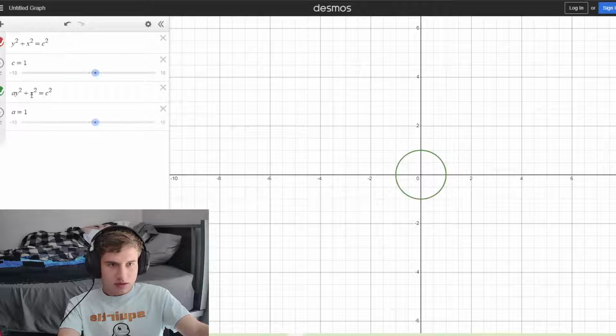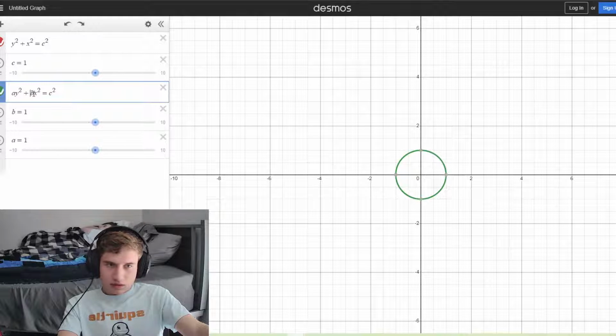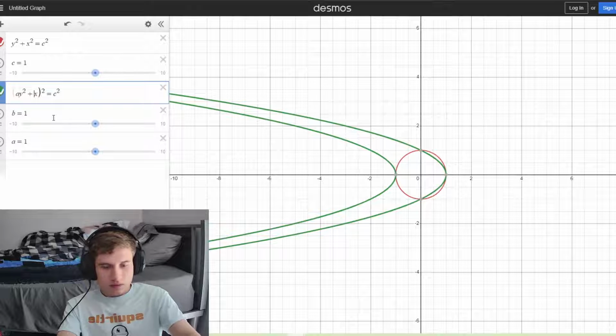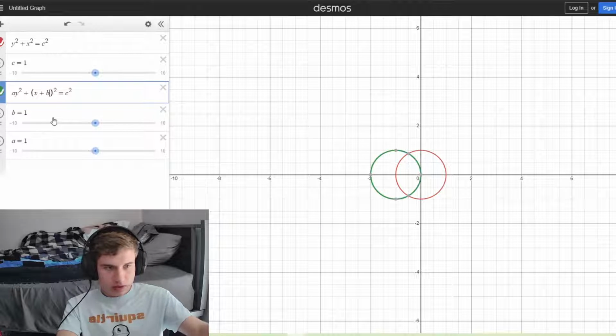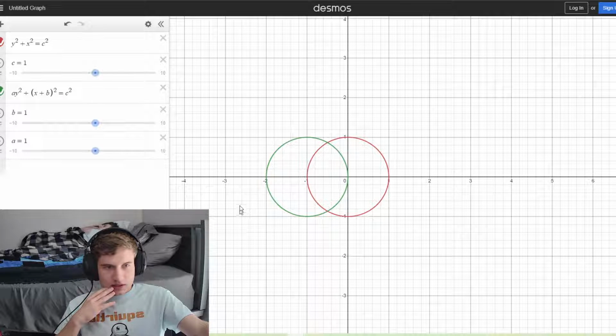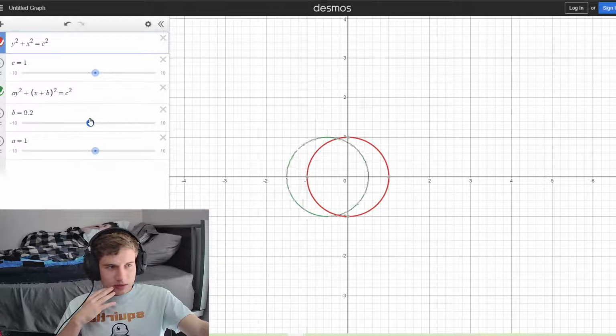I'm going to do a, that's not the right one. I think it was x plus b. Yeah, that's it. Okay, so for example, this little circle right here, we know that it's touching at only 2 points, no matter where this little thingy is.